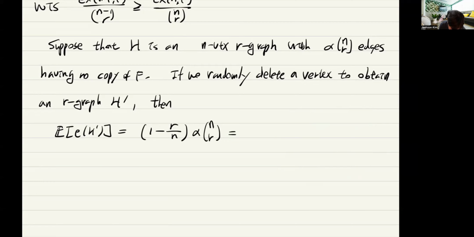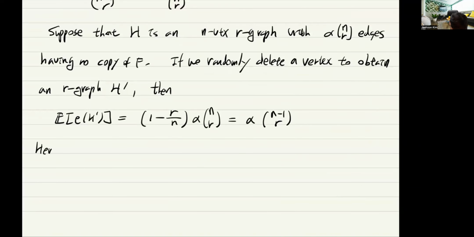And what's this? Using the formula, that's alpha times n choose r times (n minus r) choose... this is n factorial over r factorial times (n minus r) factorial. You use this, this one term cancels out, and this is exactly alpha times n minus 1 choose r. And what do you know? If the expectation is this, there must be a choice.